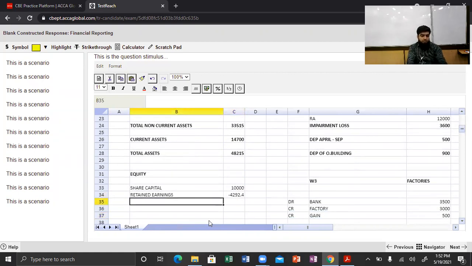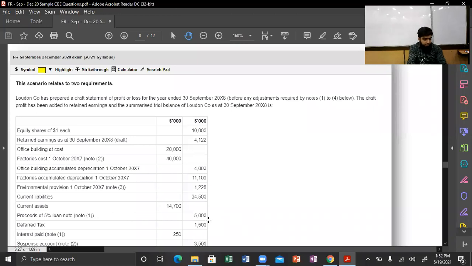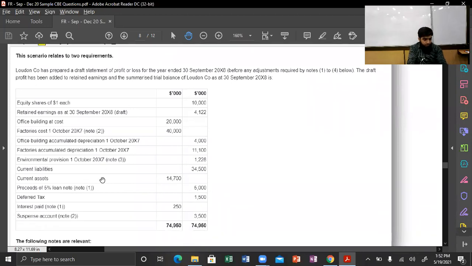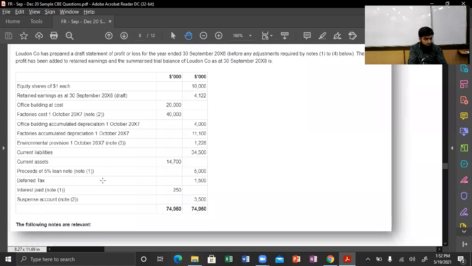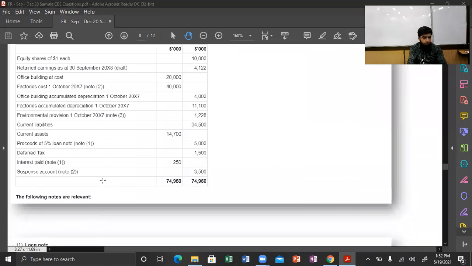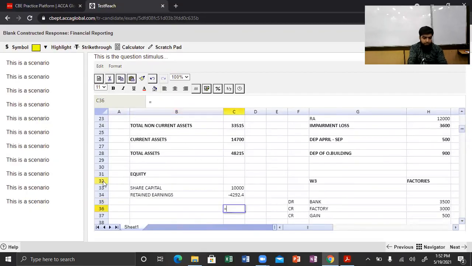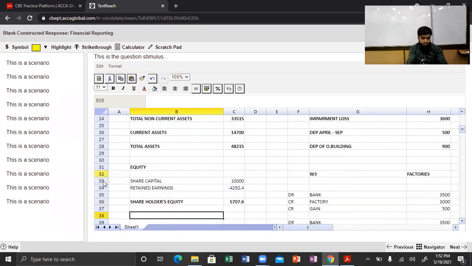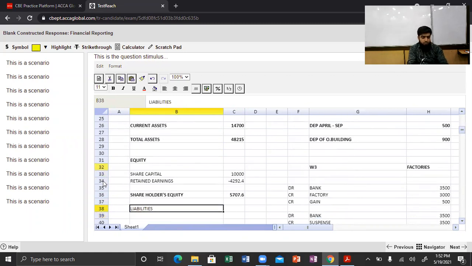Is there any reserves, revaluation surplus? No, there is no such thing. So let's sum up. Shareholders' equity is 5707.6.